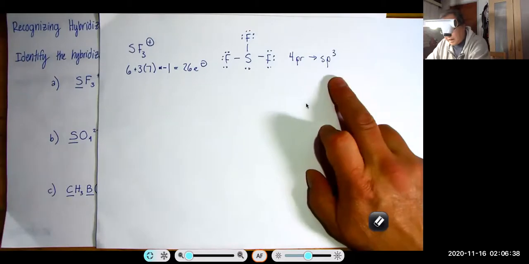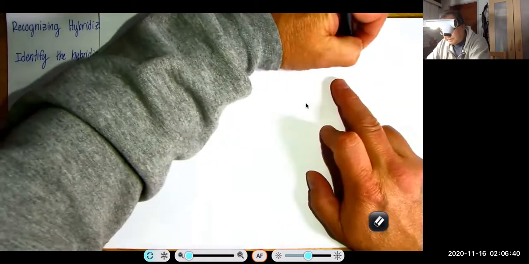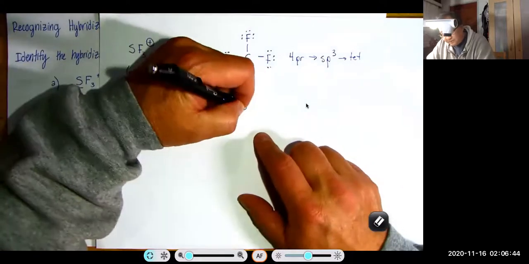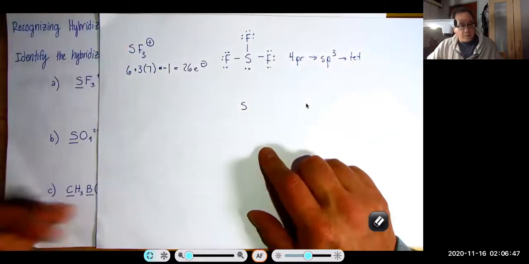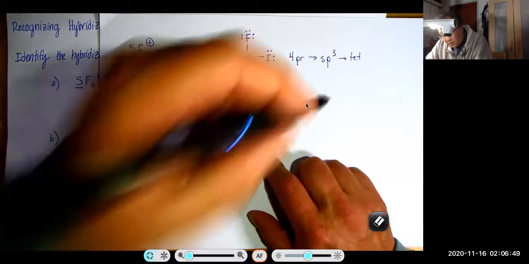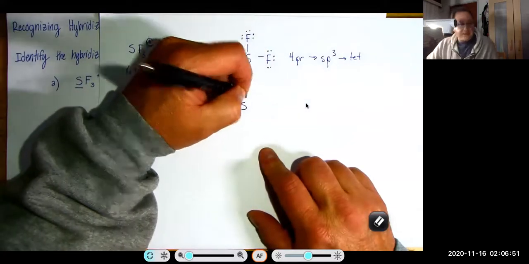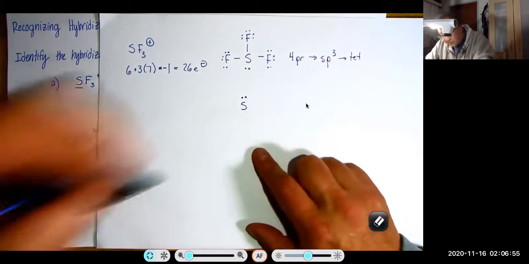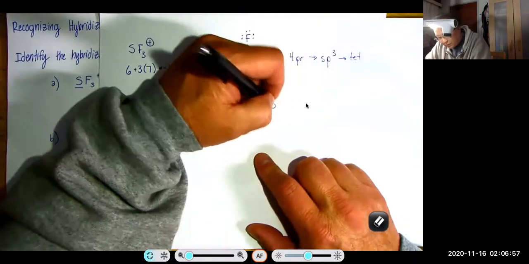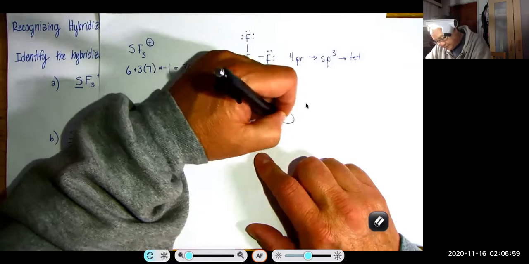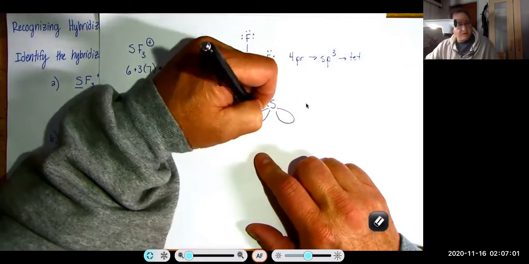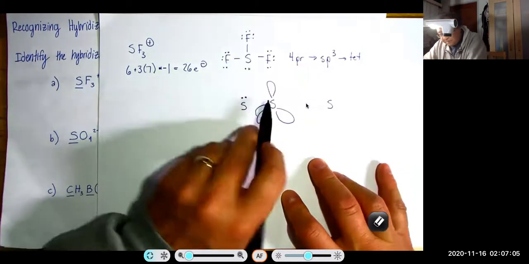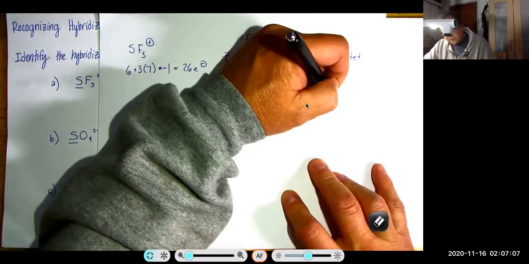Now, sp3 hybridized is going to be tetrahedral. So for this molecule here, we want to draw a sulfur with 4 hybrid orbitals. One of those hybrid orbitals, I'm going to make it so that the lone pair is in it. And actually what I'm going to do is draw the 4 hybrid orbitals. So here they are. And for this hybrid orbital, I'm going to put 2 electrons in there.